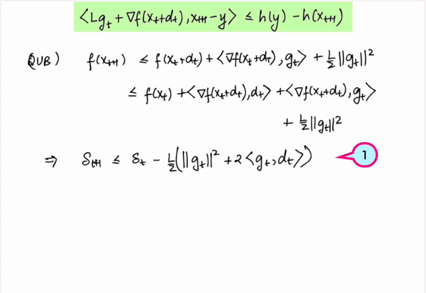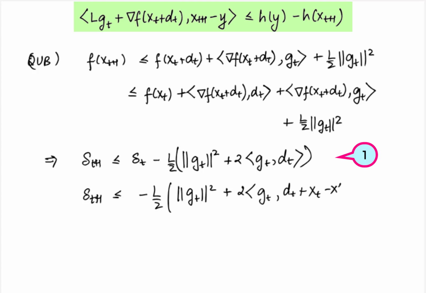Likewise, the second inequality can be obtained by using convexity as well as the inequality for y equal to x star to get that delta t plus 1 is less than or equal to minus L by 2 norm square of gt plus 2 times the inner product of gt comma (dt plus xt minus x star). The rest of the steps are exactly the same because we have now obtained the same form of the two inequalities.